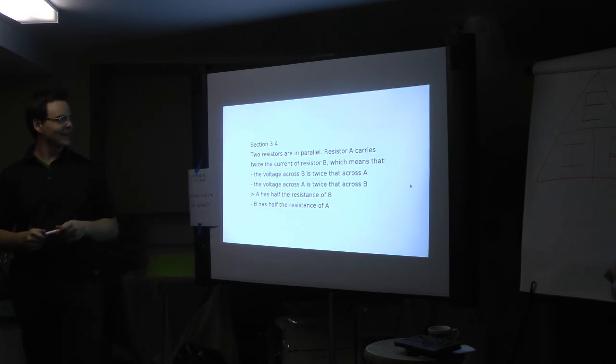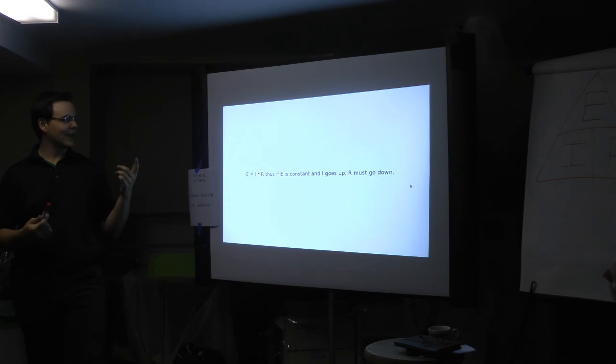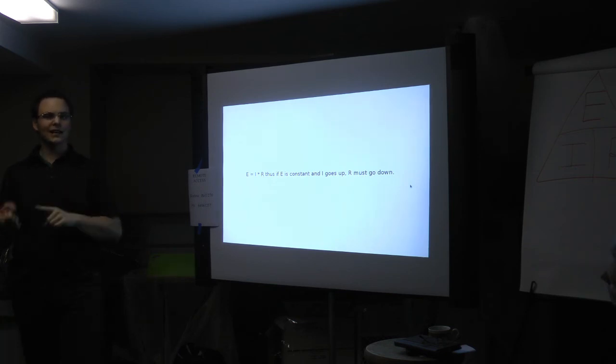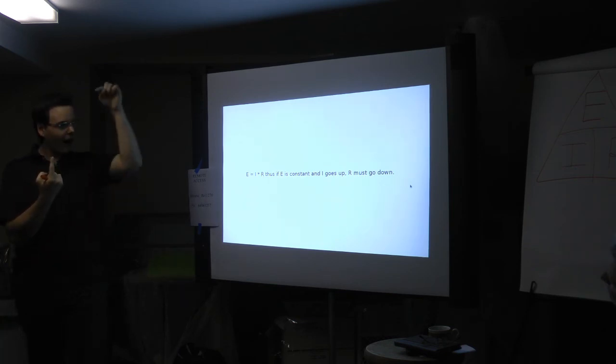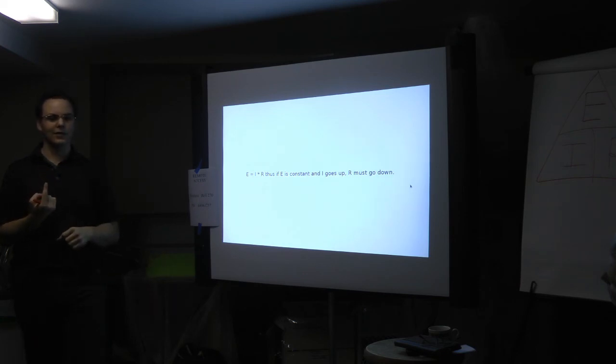If we go to the answer, the reason why: we have E equals IR. If E is constant, we're only changing the resistance and current, and I is twice as much, so I goes up, R has to go down. If you have twice the current through something, you have to have less resistance.